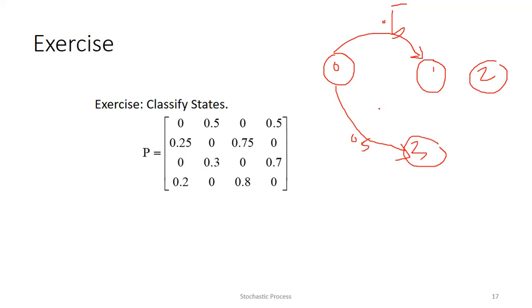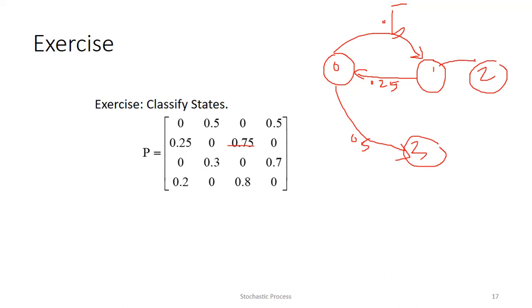Now we go to class 1. Class 1 to 0 is 0.25. Arrow marks are important. And 1 to 2 is 0.75.